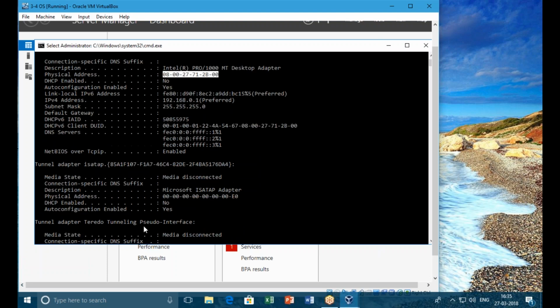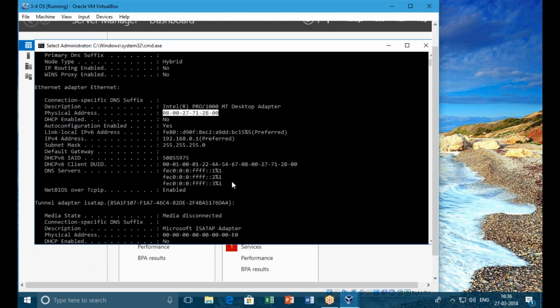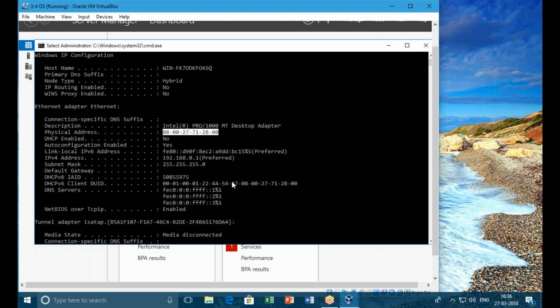At that time, we have to look at the Ethernet adapter and ignore the remaining ones.